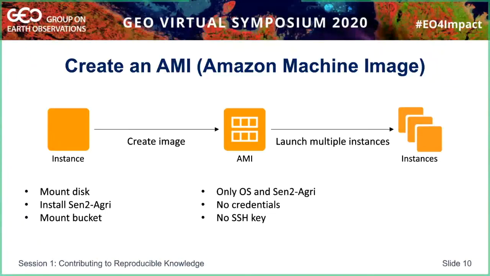So you can just launch the instance and put your credentials, and also when you run the instance, you create an SSH key, and the Sen2Agri system is ready to use. So you can really save some time by skipping all the installation steps.